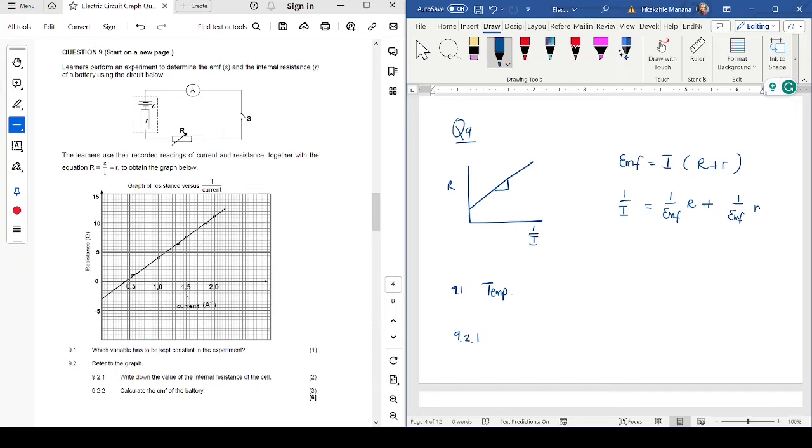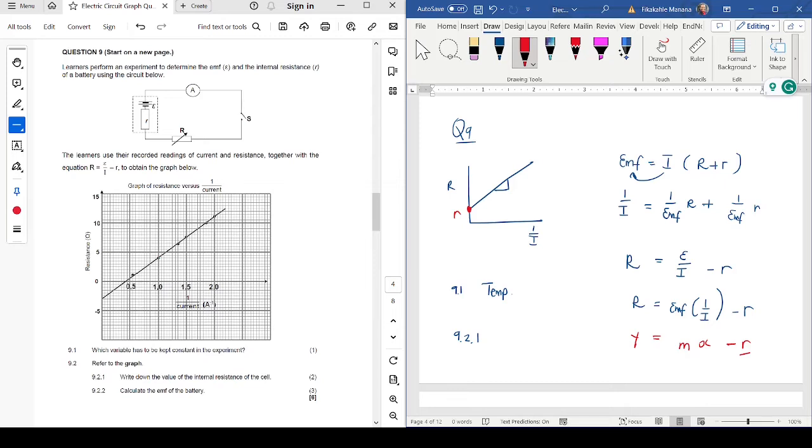Things have changed a bit. Let's rather put it in terms of R. Actually, they've put it for us. So we have R, which is equal to EMF over I. We just took the I this side, and then we subtract R. So let's just say R is EMF times 1 over I minus R. I hope you can see here that R is Y, 1 over I is X, so that should be mx minus R. So there, at the y-intercept, you have your internal resistance.